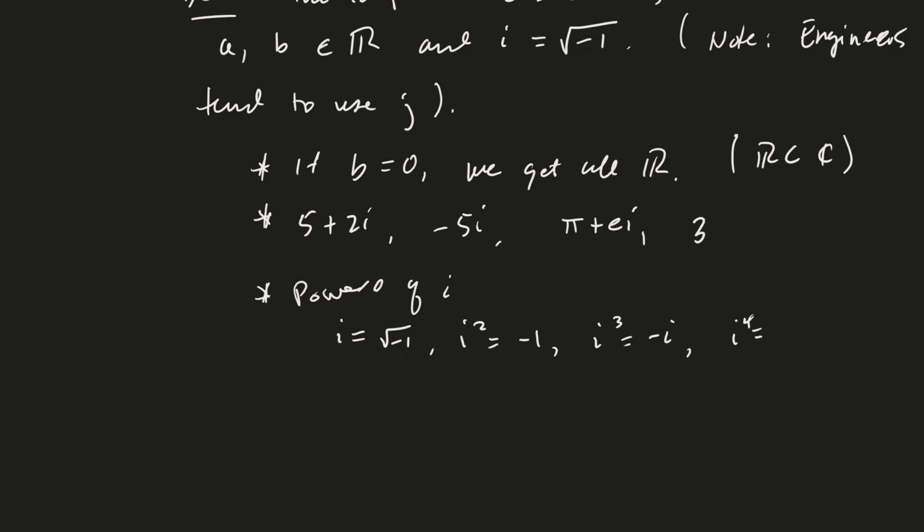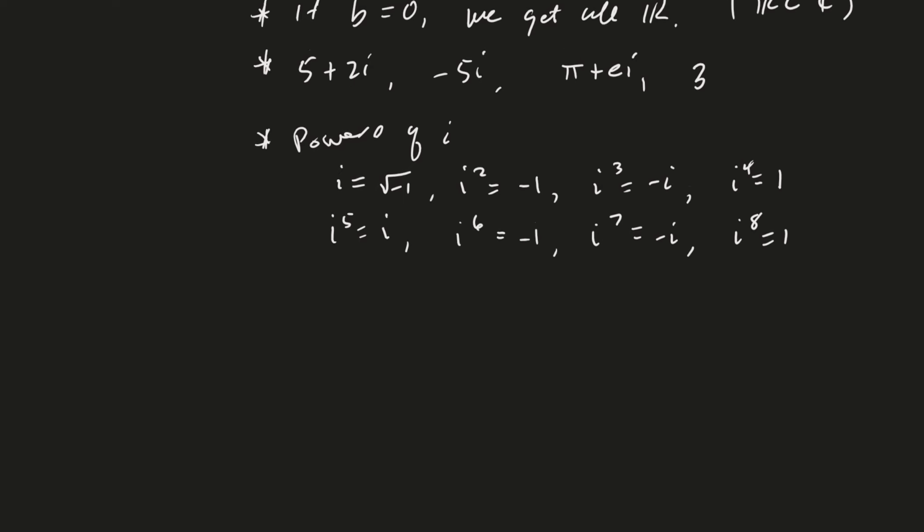That's i squared squared, so that would be a positive 1, right? And then i to the fifth is equal to i, and you're back to where you started. So then i to the sixth would be minus 1, i to the seventh would be minus i, i to the eighth would be 1, and so on. Good. And so then you're going to cycle through these numbers over and over again.